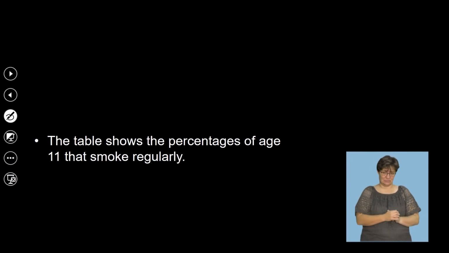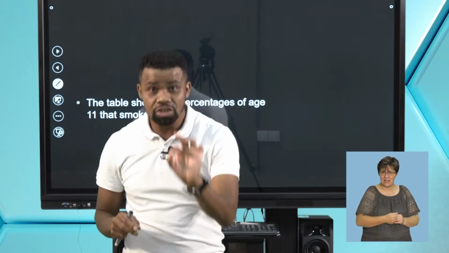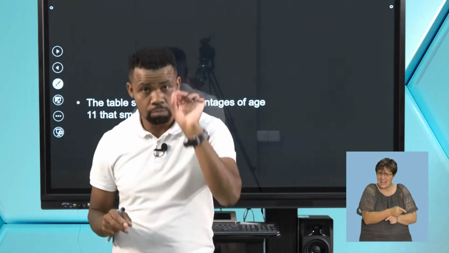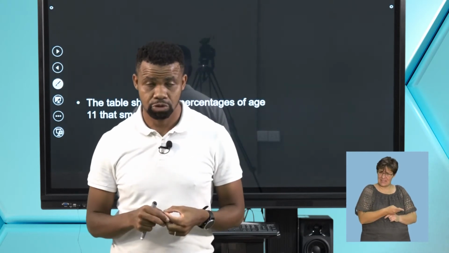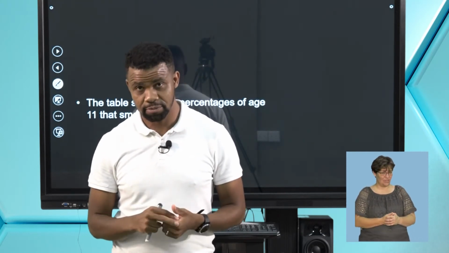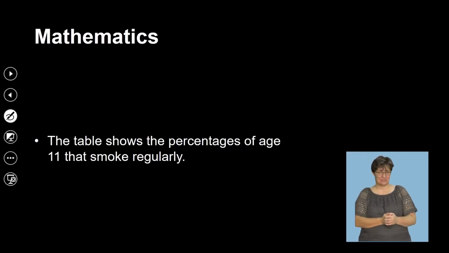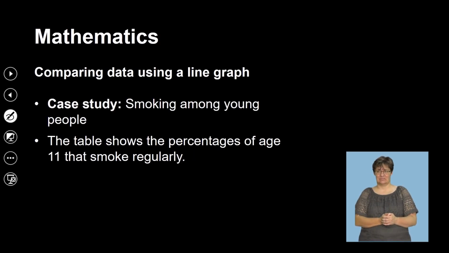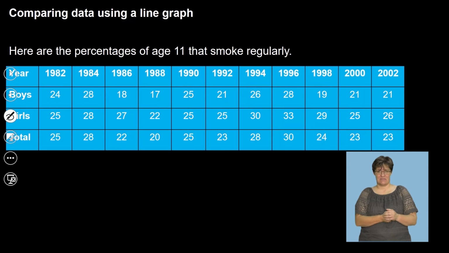The table shows the percentage of age 11 that smoke regularly. Let's see what it looks like. So we're going to compare. This is a case study. The data is from 1982 all the way to 2002.